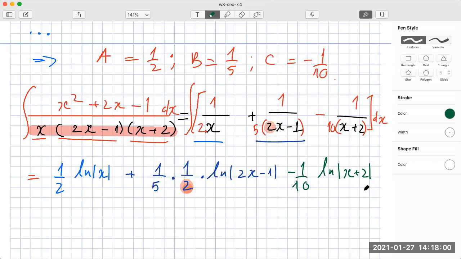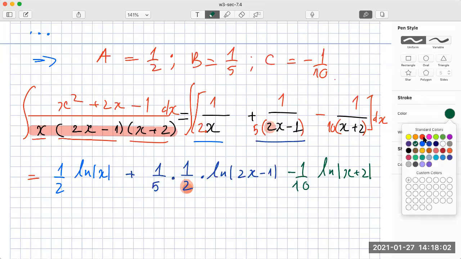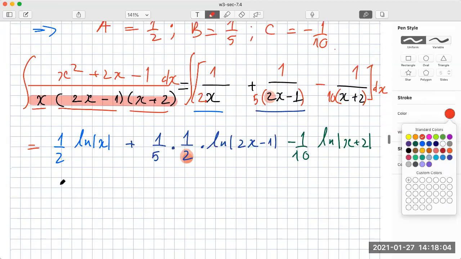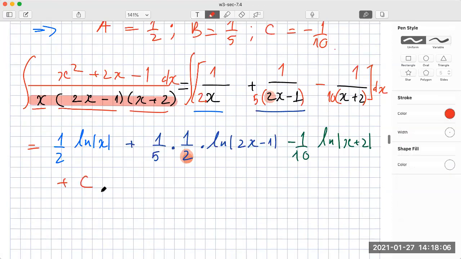And what do we need to do? Yeah, plus C, where C is in R. Okay, is it clear? Make it simpler and solve each of them.